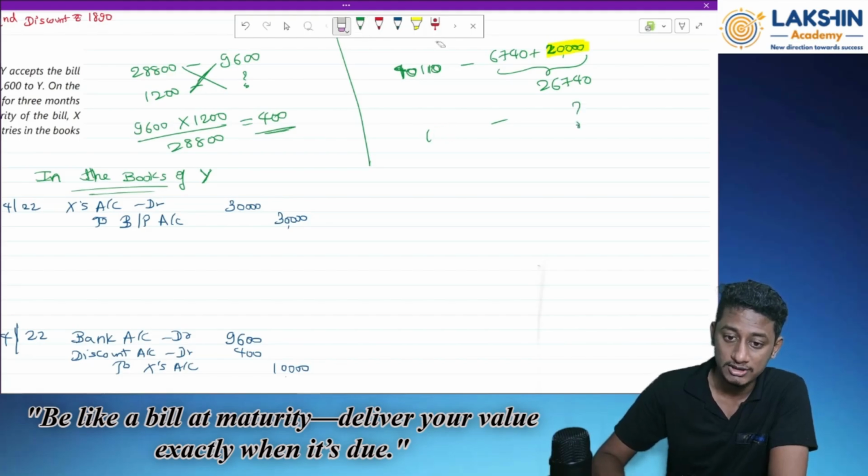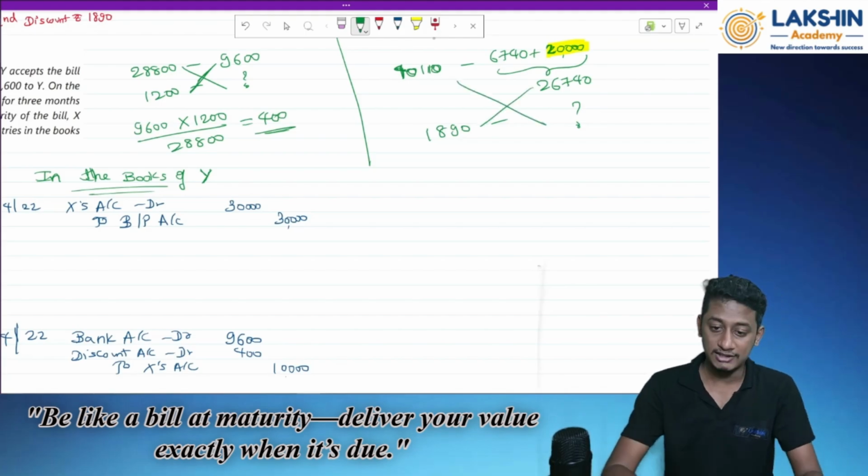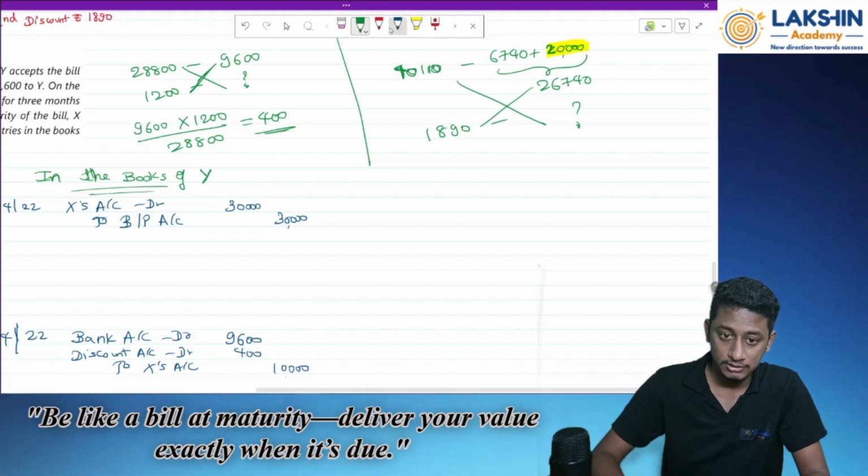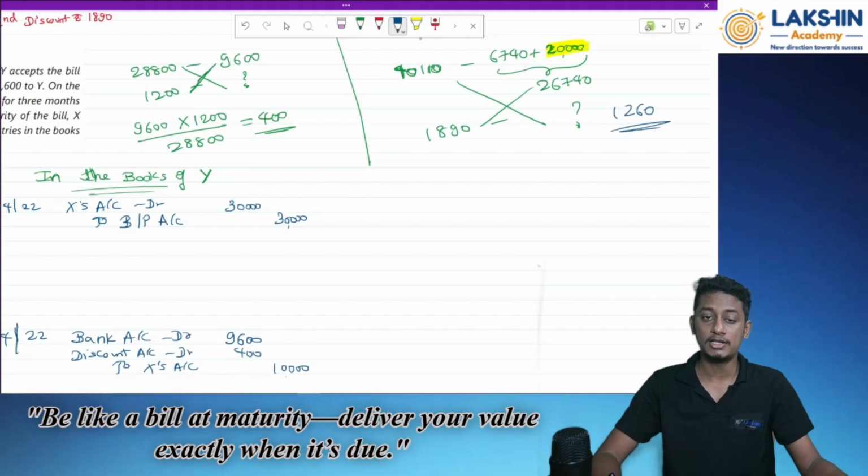That we need to check. So cross multiply: 26,740 into 1,890 divided by 40,110. That will be how much? Rupees 1,260. 1,260 will be the amount of discount that should be disbursed to Mr. X.